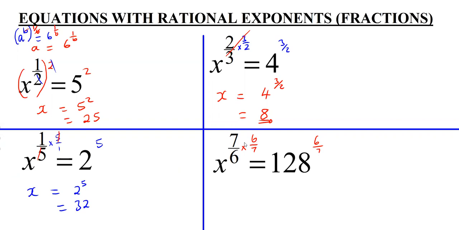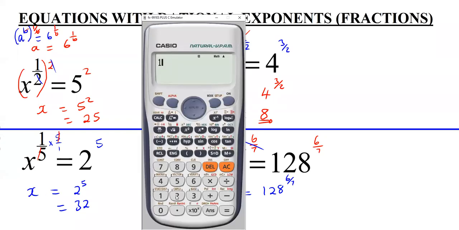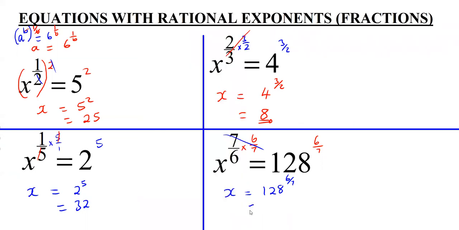Now, this one will cancel out, and you are left with x equal to 128 to the power of 6/7. You go to your calculator and say 128 to the power of 6/7. You get 64. So that's your answer there, 64.